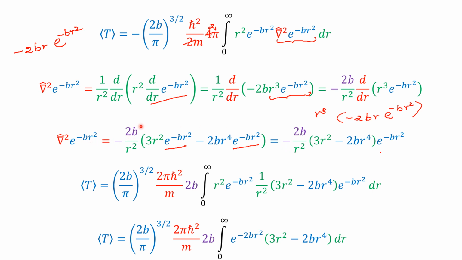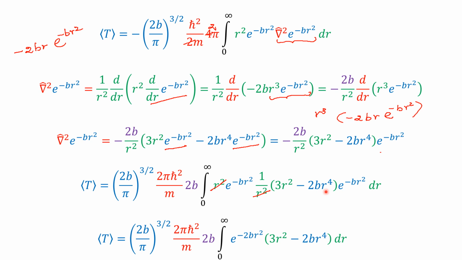Then you replace del squared e power minus p r squared by this term, that is 1 over r squared, (3r squared minus 2p r power 4), then this exponential term. Remember that you have r squared at the front. So that r squared will get cancelled with this r squared.